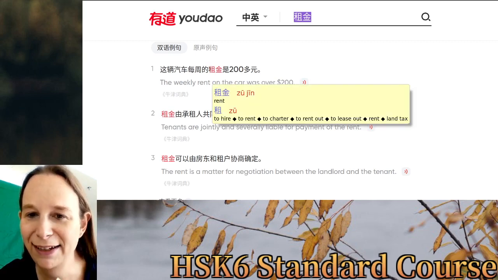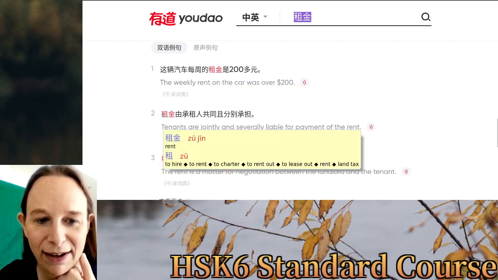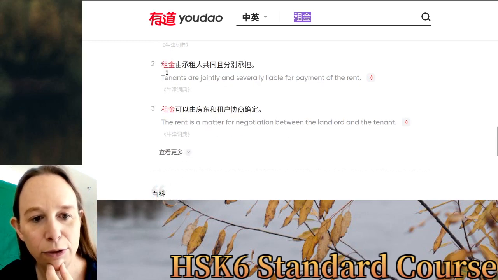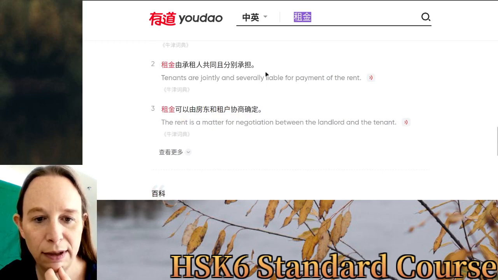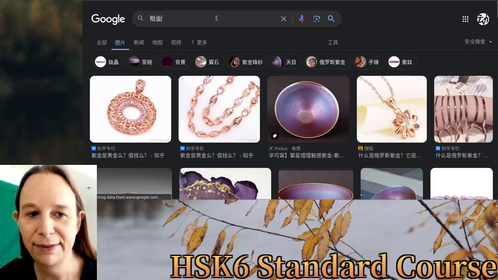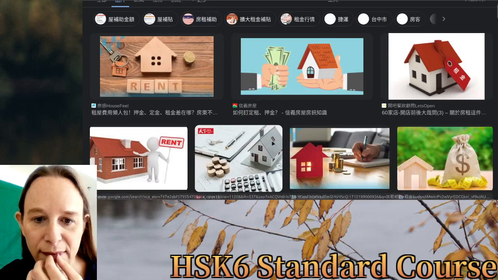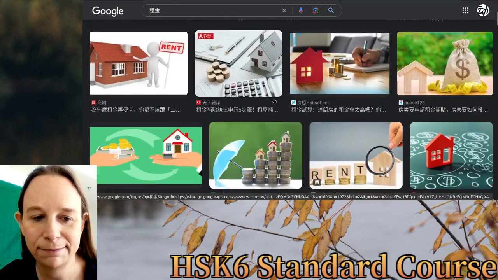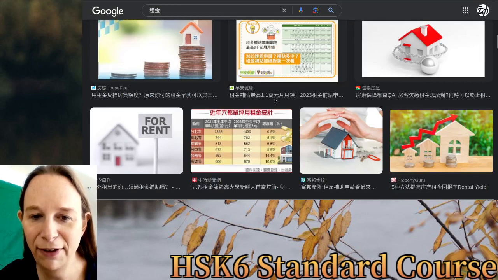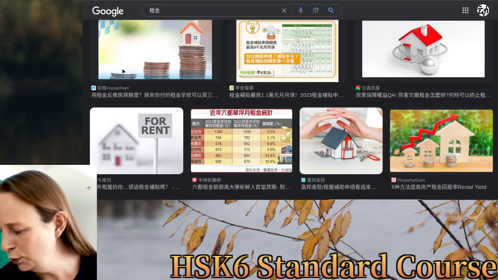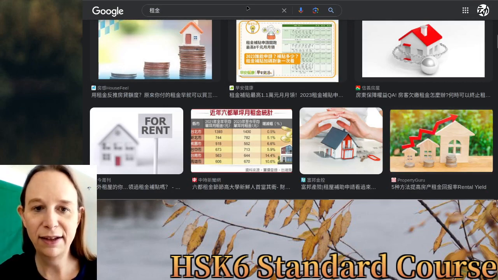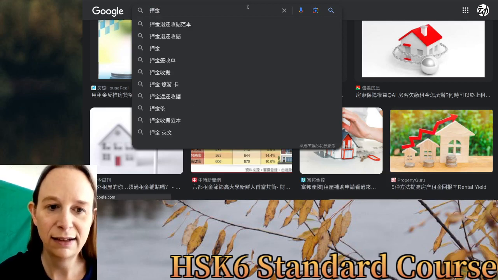It is the rent you have to pay, the money you have to pay, right? 租金由承租人. Let's put it in here, see what comes up. Yeah, it's money. It's referring to the money you pay to rent something.